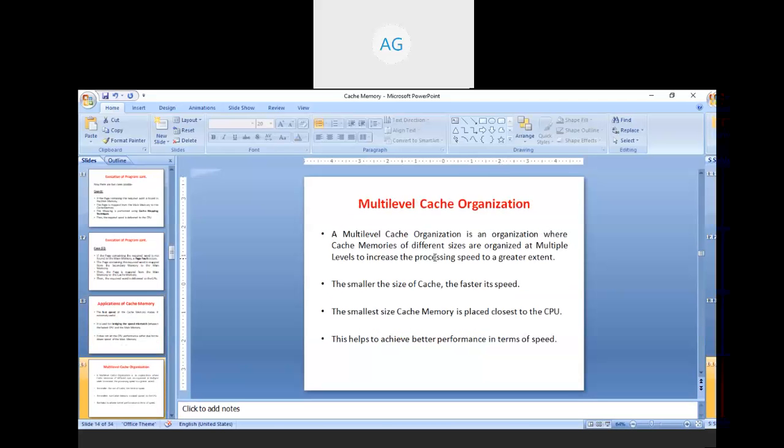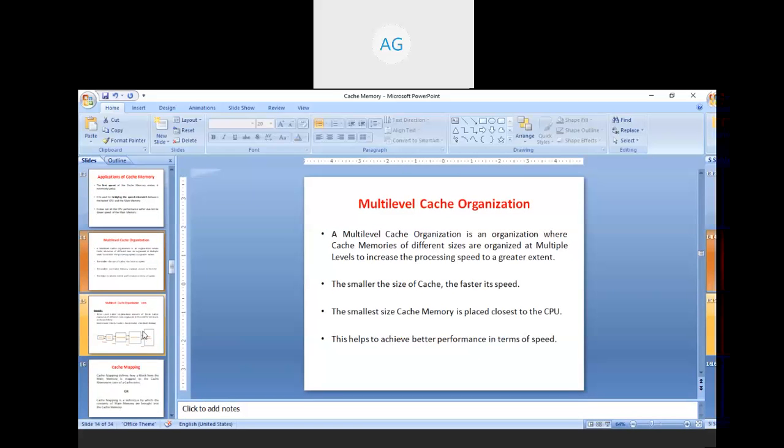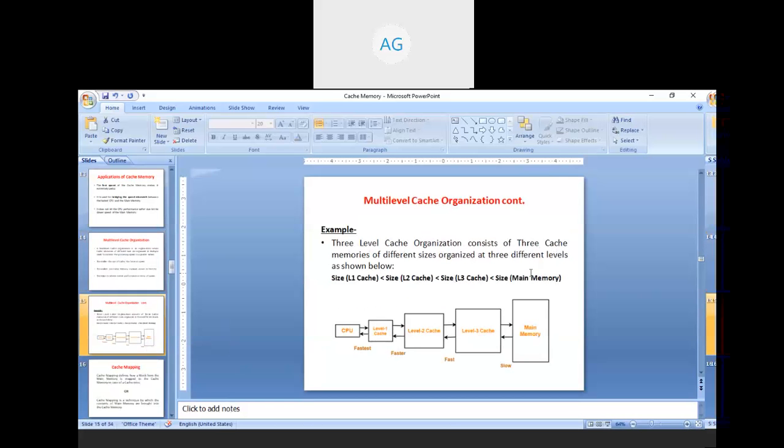Then comes the concept of multi-level cache organization. From this diagram you can easily see that the multi-level cache organization exists in this form. As the cache memory exists between the CPU and the main memory, it exists in different sizes.